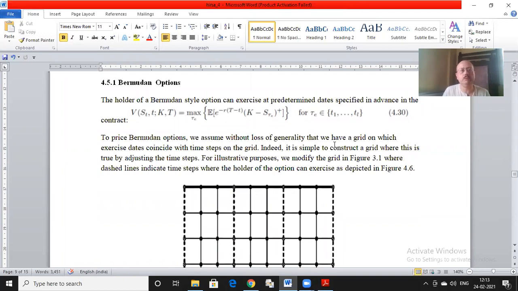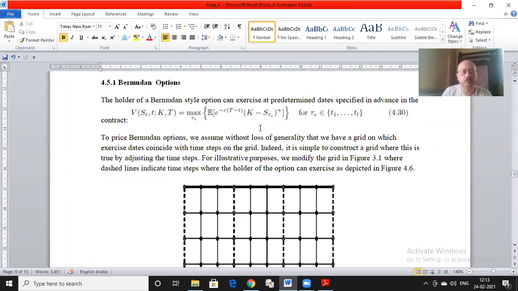Bermudan option, we all know that it's an option where you are given the choice of exercise at a predetermined set of dates. So I have this set tau e, which is the dates T1 to TL, and you are given a call option. No, it's a put option actually.